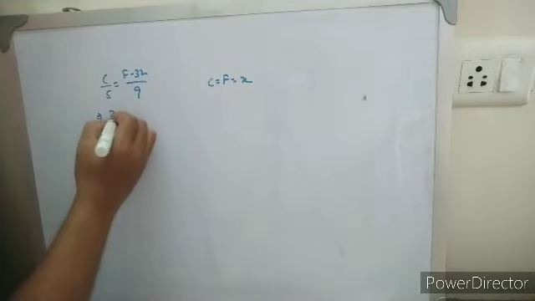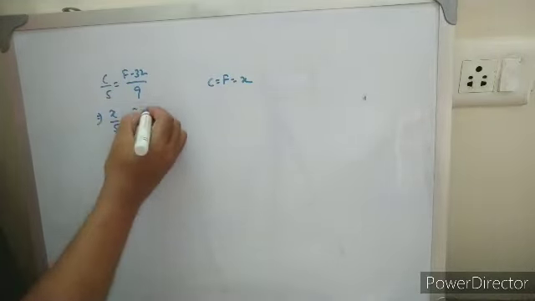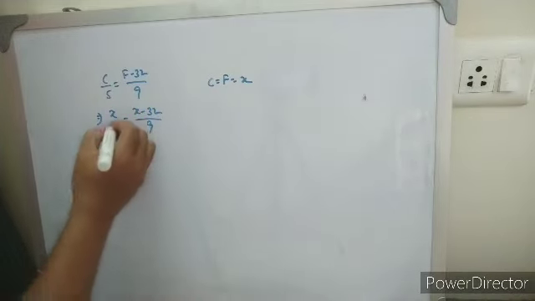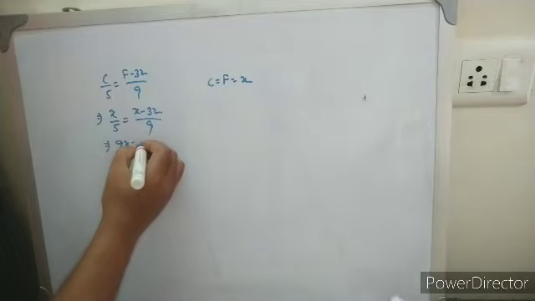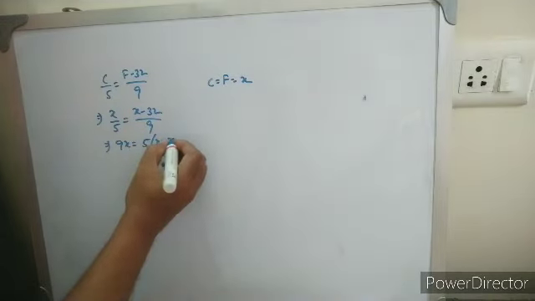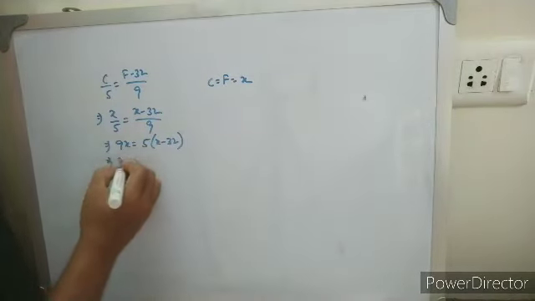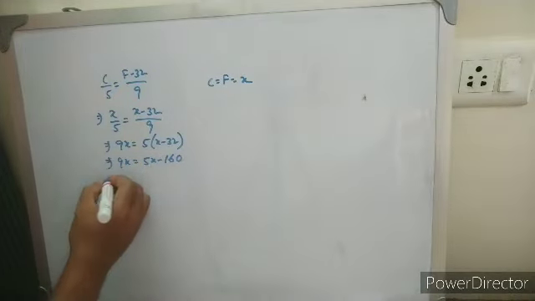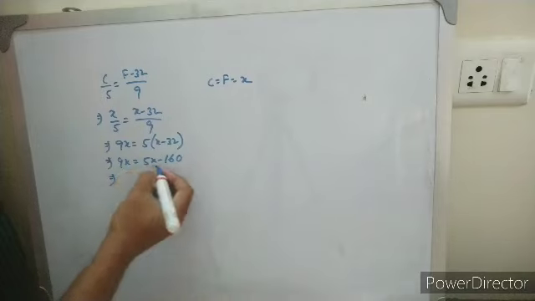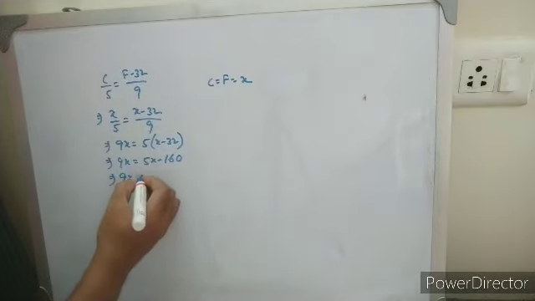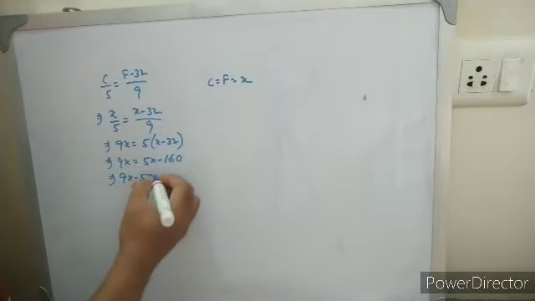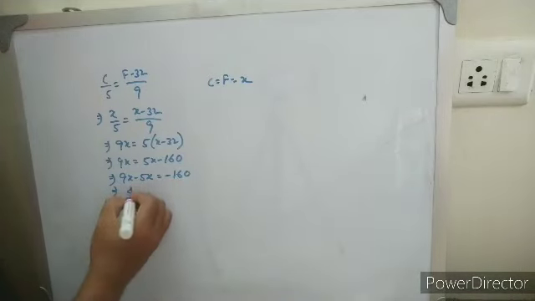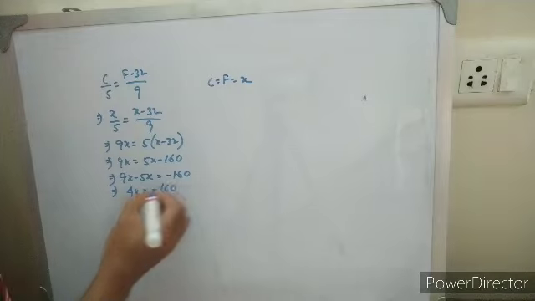Now we can write x by 5 equals x minus 32 by 9, or after cross multiplication we have 9x equals 5 into x minus 32. So 9x equals 5x minus 160, and now we bring 5x to the left side, and we have 4x equals minus 160.